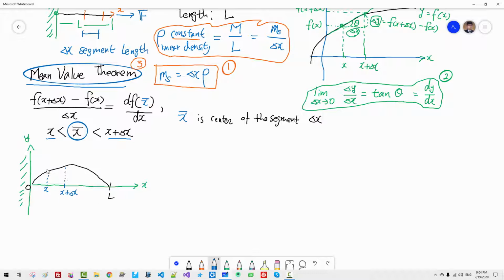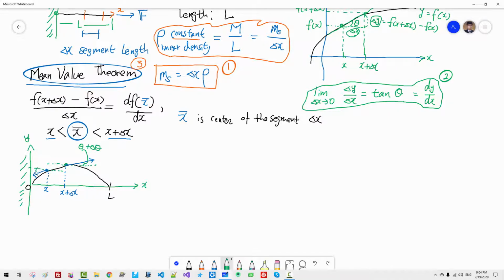So I will create a tangent line T and a tangent line T. This is a horizontal line passing through this point. Also a horizontal line passing through this point. This angle is theta plus delta theta.